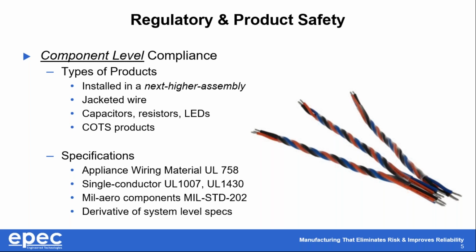Some of these specifications are broad, like the Appliance Wiring Manual, UL 758. Others are more specific, which cover a unique wire configuration such as UL 1007 or UL 1430. The mil-aero specification that speaks to component level devices is Mil Standard 202.